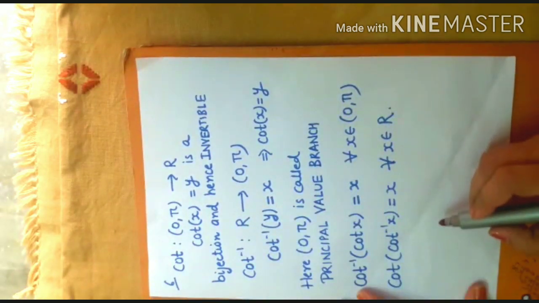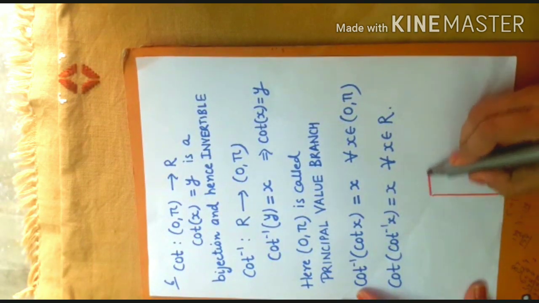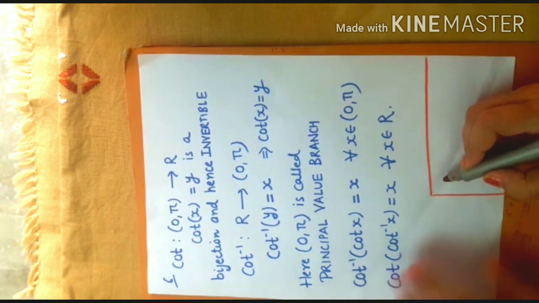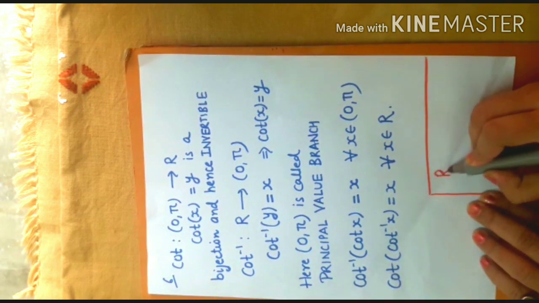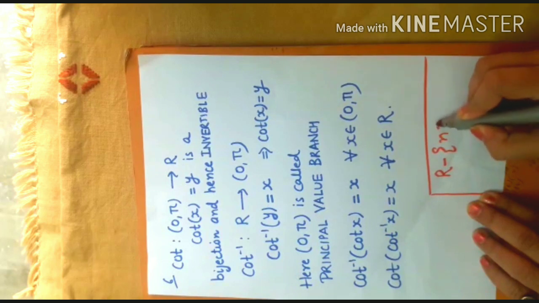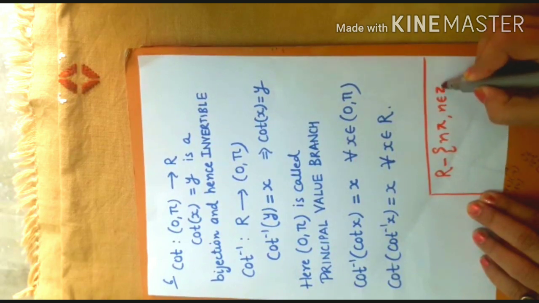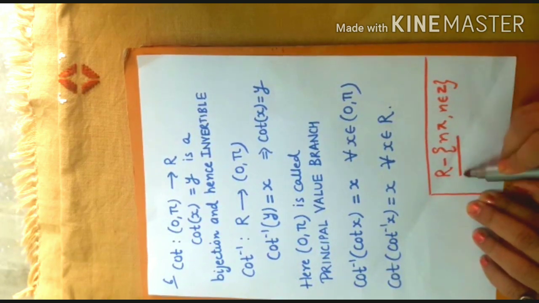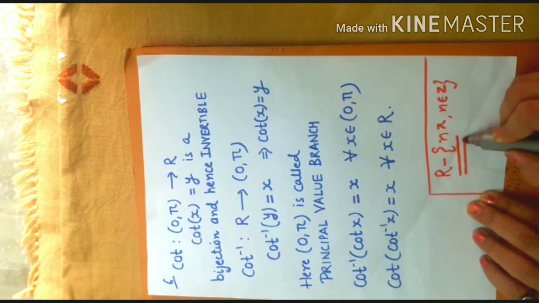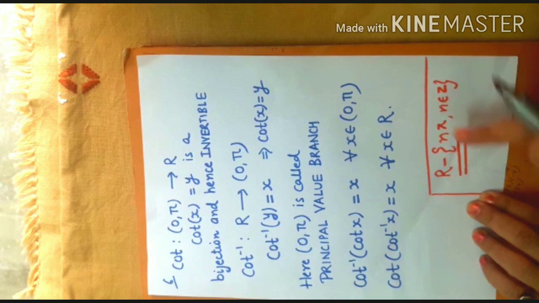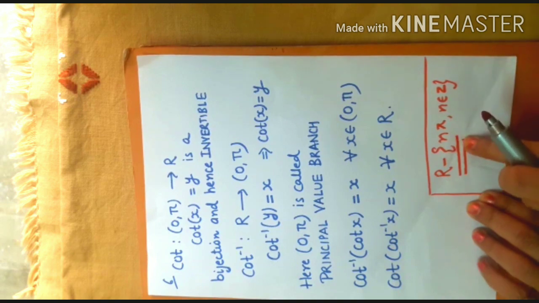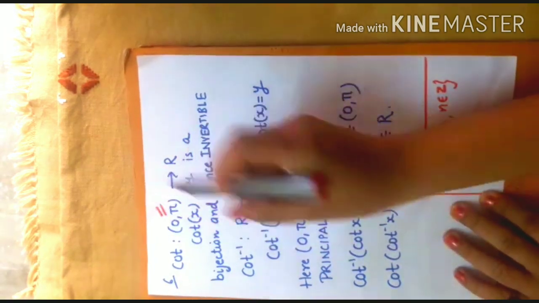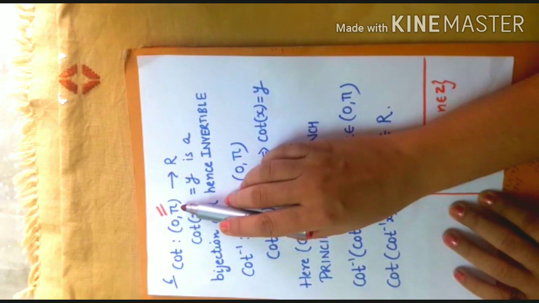Now for cot function, the actual domain of cot function is R minus n pi, where n belongs to Z. On this domain, cot function is not one-to-one, so cot inverse will not exist. So we restrict the domain of cot function to this open interval 0 to pi.